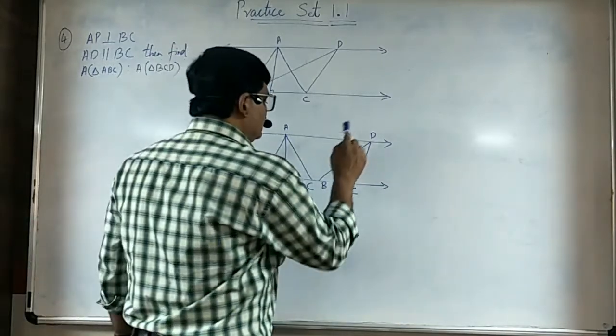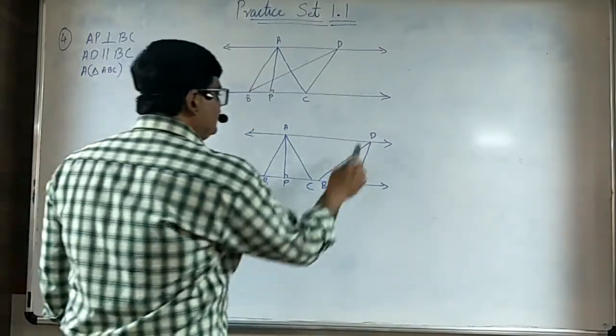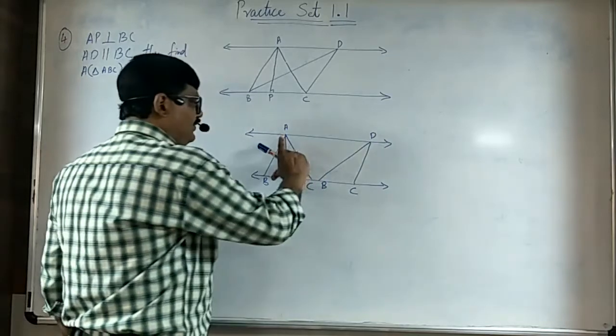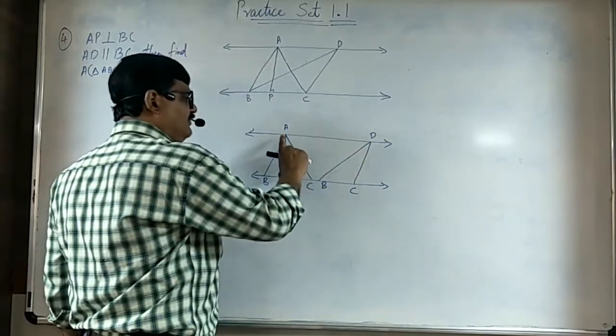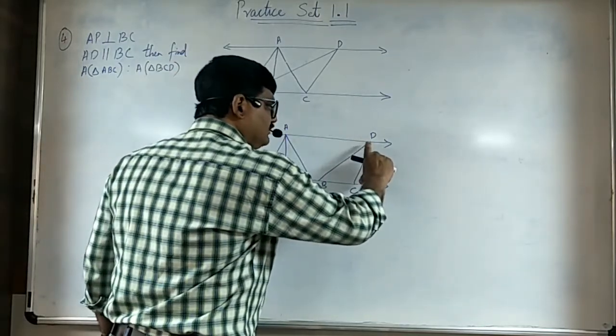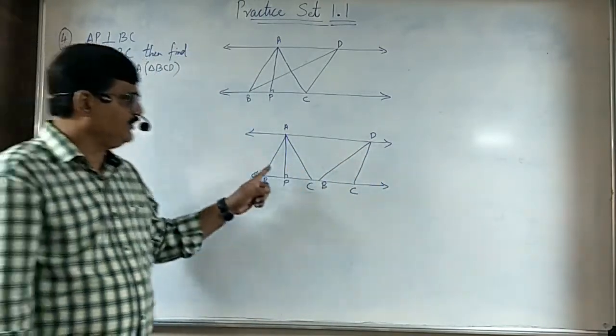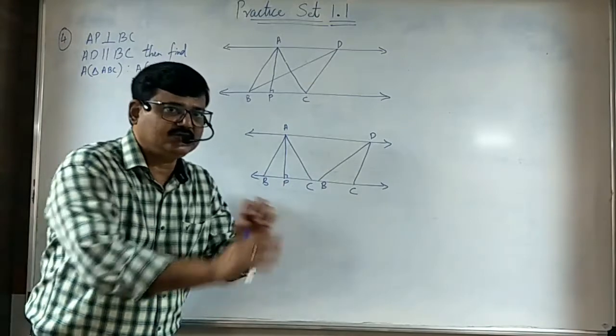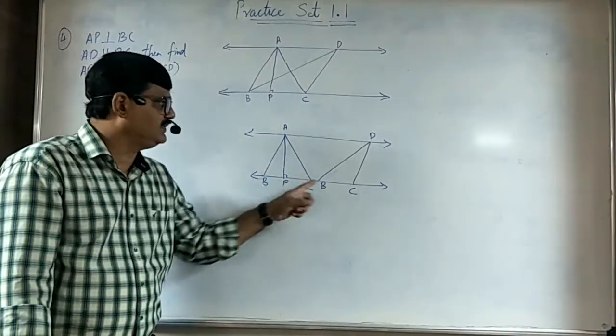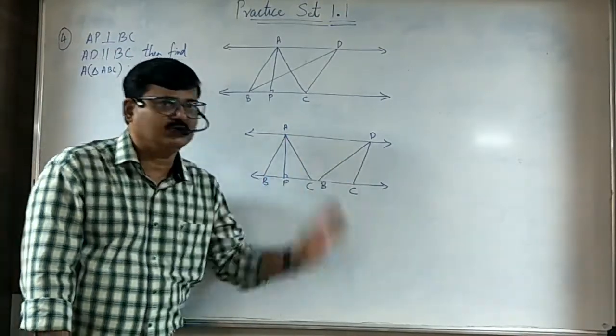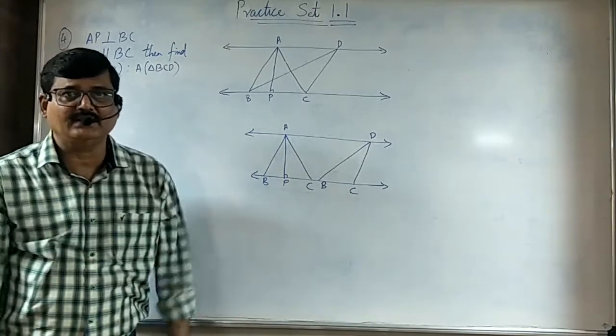Now in triangle BCD also, the height will be the same as AP, because these two triangles are lying between the parallel lines. So it is understood that triangles ABC and BCD have equal heights, because they are lying between the parallel lines.